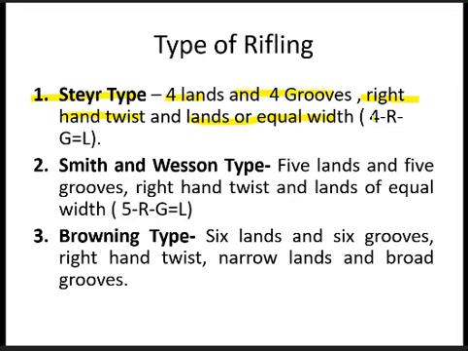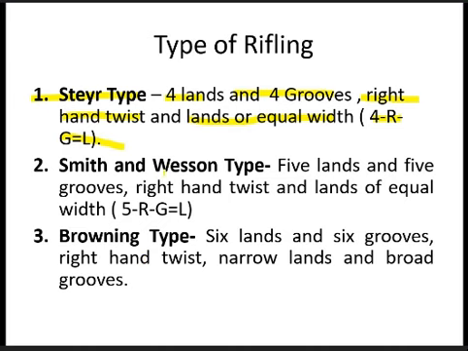Its formula is 4-R-G equals L. Again, what I am discussing is all about class characteristics, which could be determined prior to the manufacturing of the firearm.